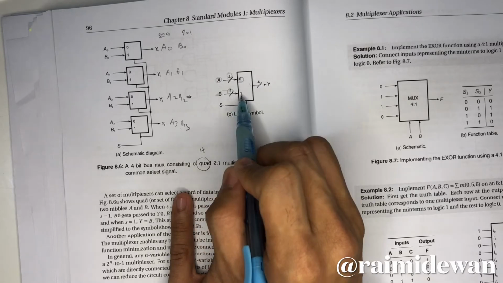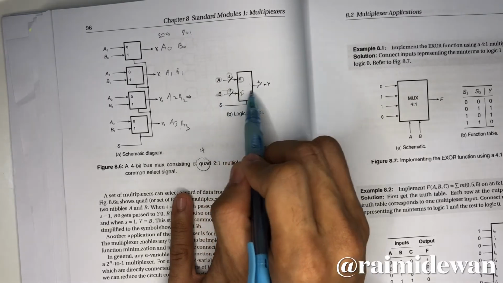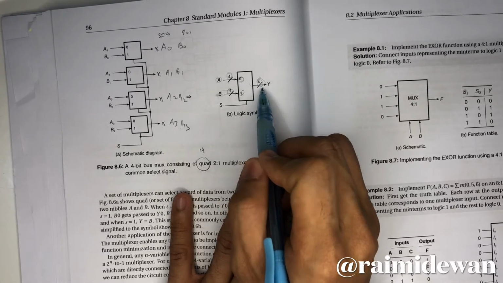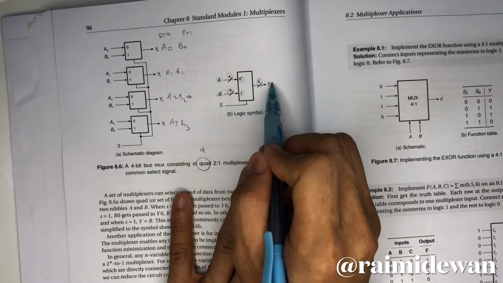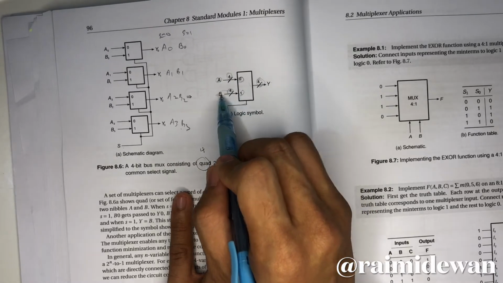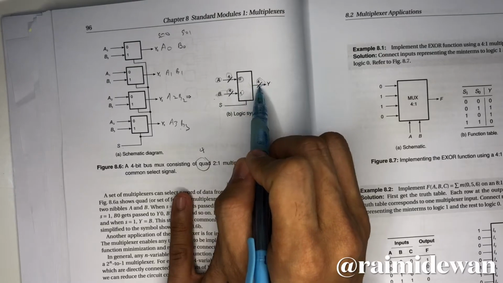If S equals 1, it will choose this one to go to here. And you see here also 4 is mentioned, meaning there are 4 outputs. There are 4 inputs from A, 4 inputs from B, and 4 outputs as the results.